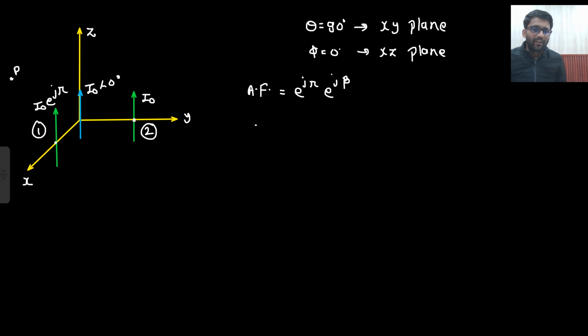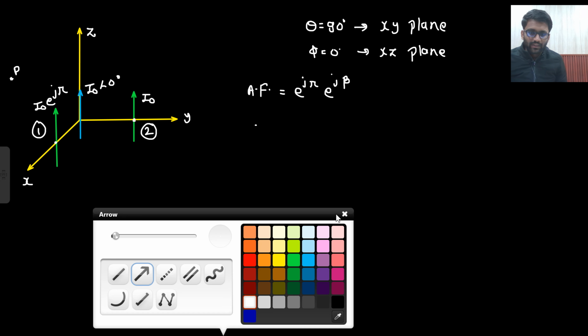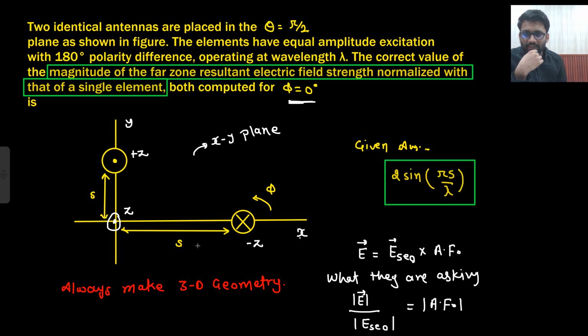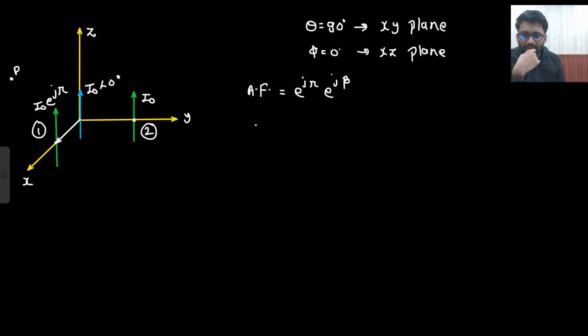I will assume a vector from the origin towards antenna 1. And what is this distance? This distance is s. From the origin towards the antenna, I will assume a vector, that is the s vector.